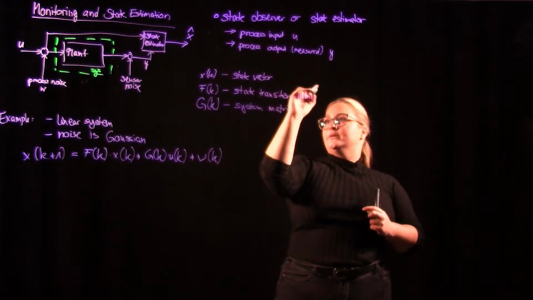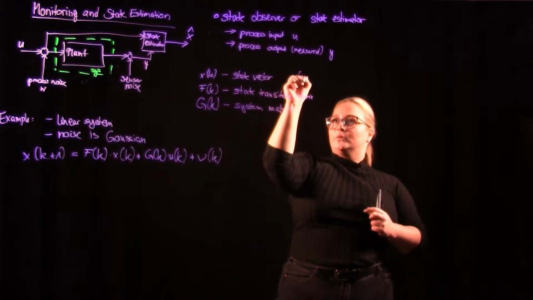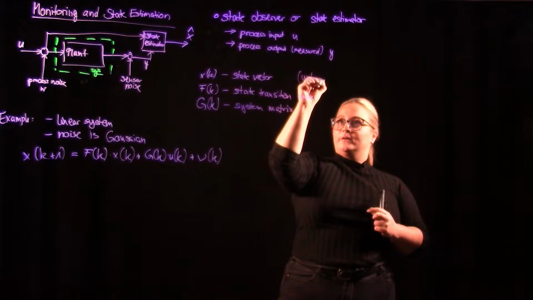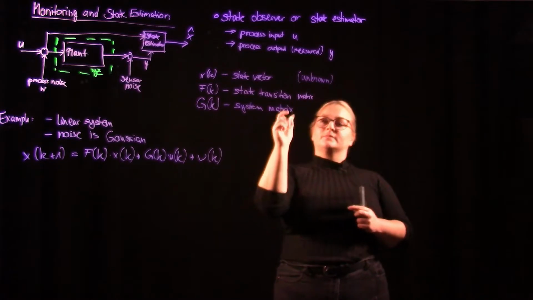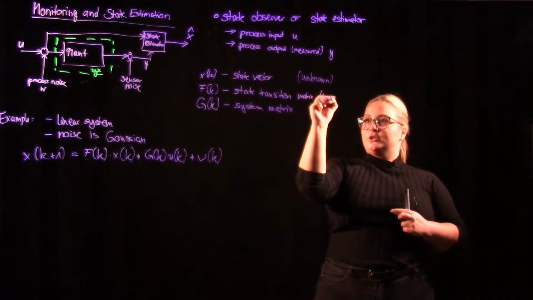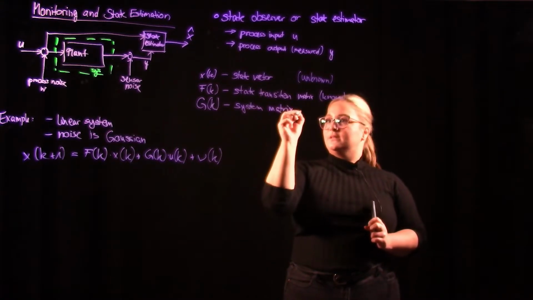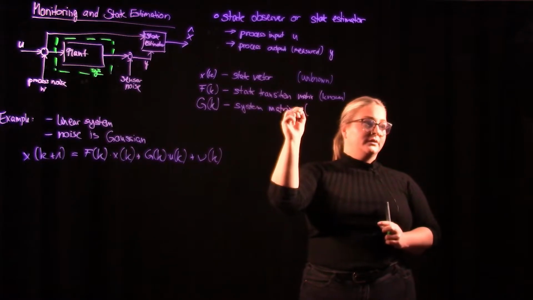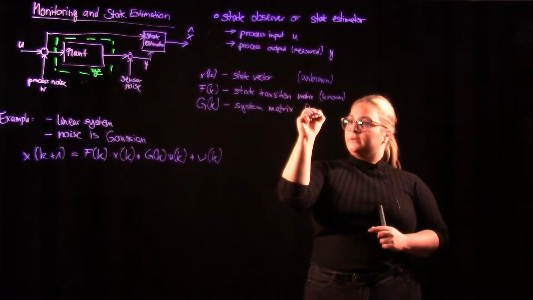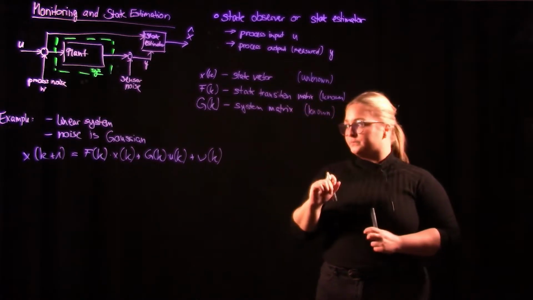The state vector is unknown, the state transition can be known or unknown, and this one is known.